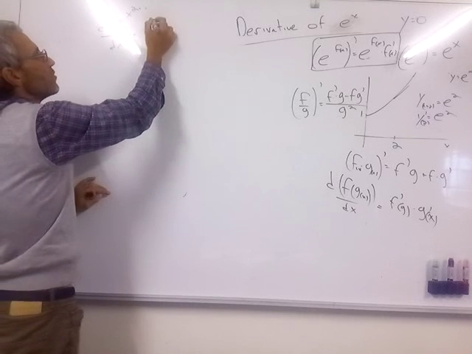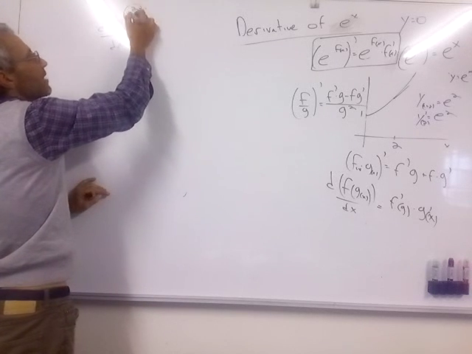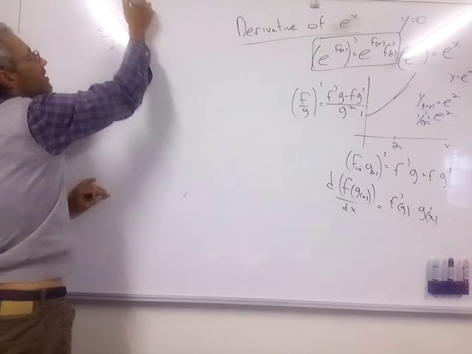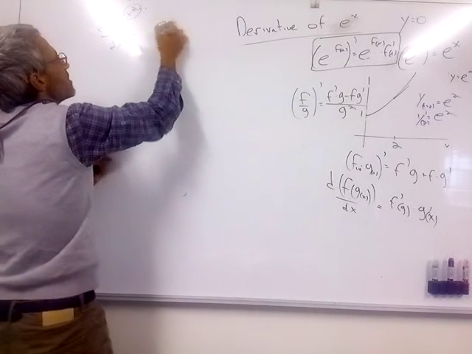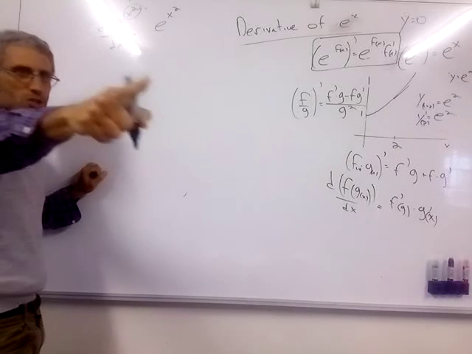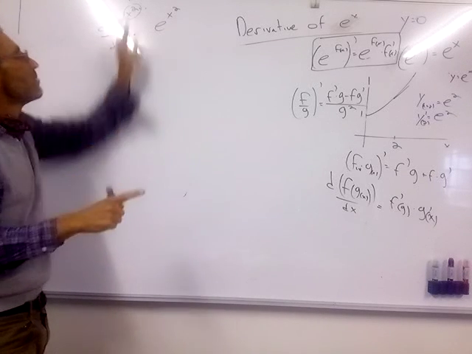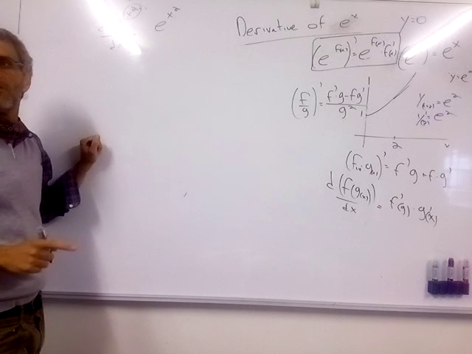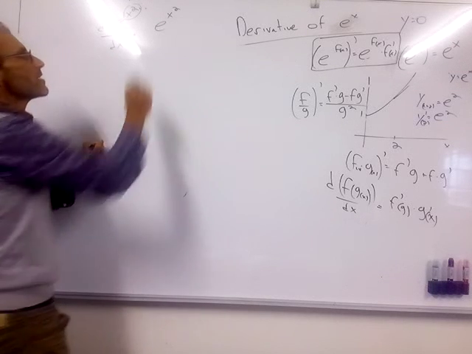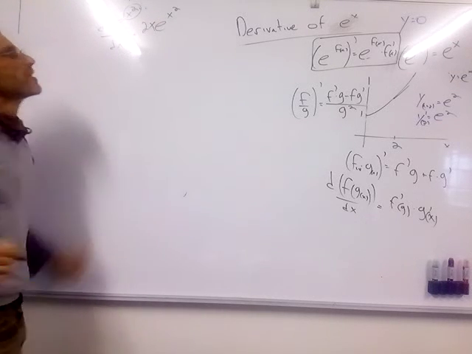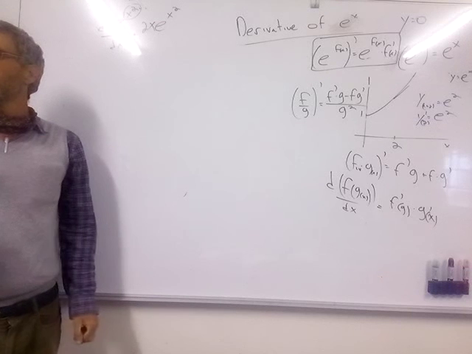But first of all, this is my f of x. So first of all, I'm going to write e to the power of f of x, in other words, e to the power of x squared. Now I need to multiply it, like Lorenzo said, by the derivative of f. What's the derivative of f in this case? 2x. So the answer is 2x e to the power of x squared.